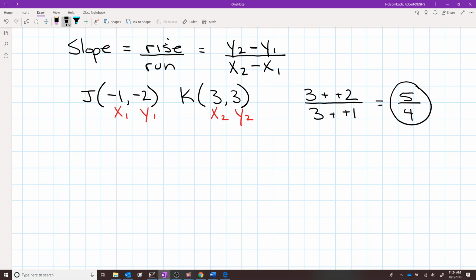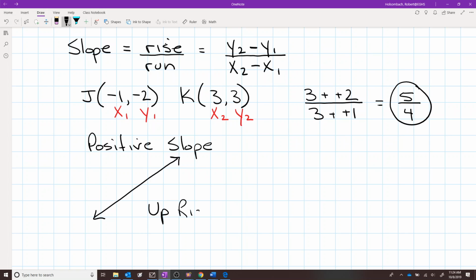Take a look at the bottom of page 189. Concept summary, classifying slopes. You've got positive sloped lines. Lines that have a positive slope always go up and to the right.